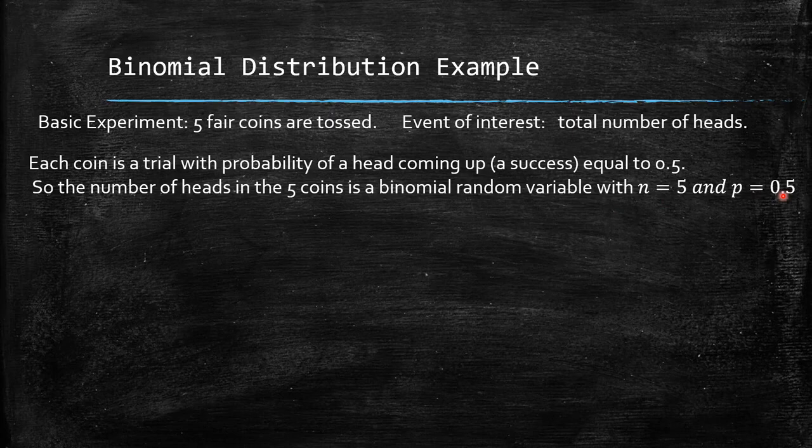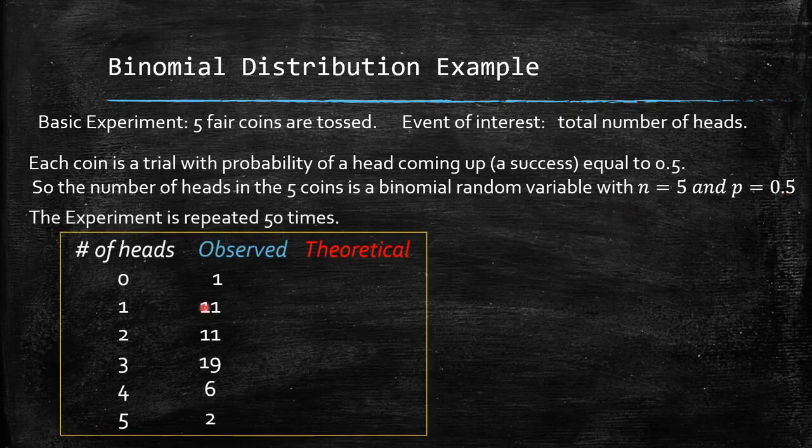Now suppose this experiment is carried out 50 times and one has observed the total number of heads. So out of 50 trials, for heads 0, 1, 2, 3, 4, 5, the observed frequency is 1, 11, 11, 19, 6, 2.